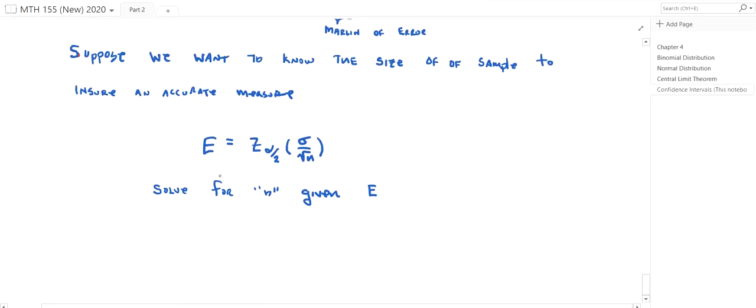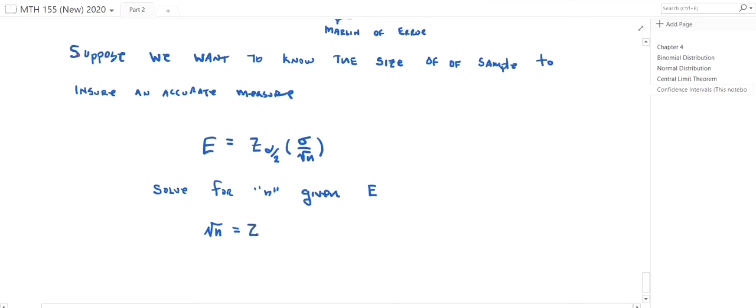So let me just quickly do that. If I multiply both sides by square root of n and divide both sides by E, I get square root of n on this side. E over E is 1, so that's going to divide out.